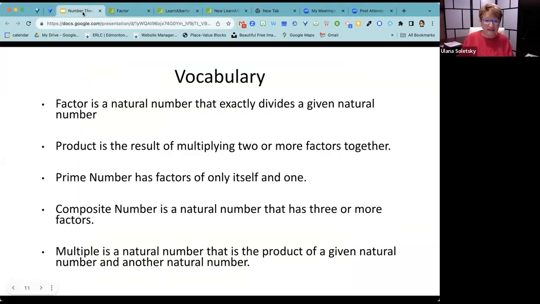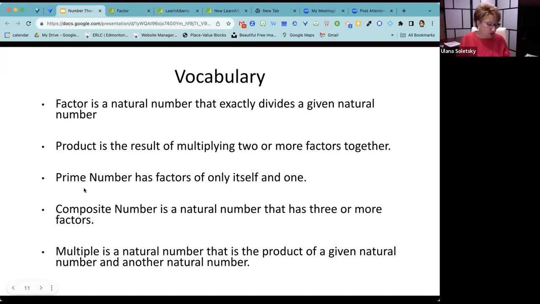The other thing is there are some words that I want to make sure we are all aware of, and you would find the definitions in that interactive vocabulary. Product is the result of multiplying two or more factors together. A prime number has only two factors, one and itself.